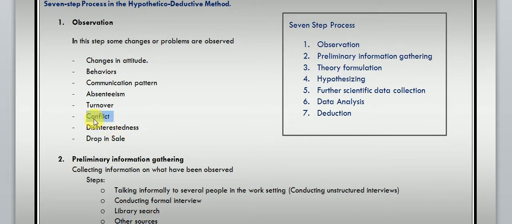Now you try to collect information on why employees have conflict with each other, and why they are not happy or interested. Or, if you sensed a sudden drop in sales, you try to find out why the sales decreased. So in preliminary information gathering, you collect information on what has been observed.